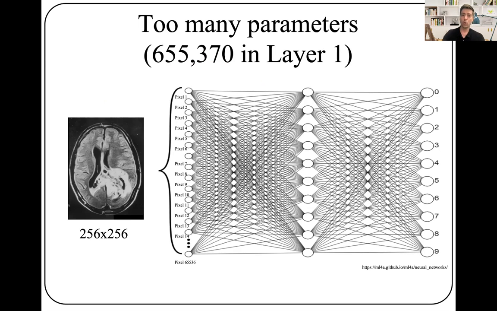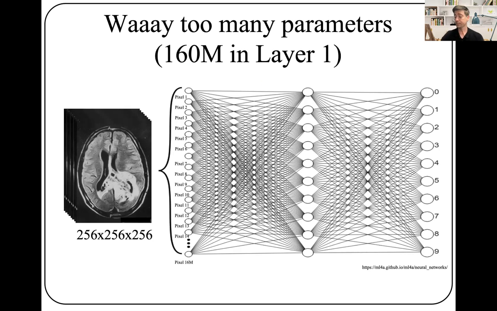And the problem is even worse if you consider volumetric data. For example, you have an MRI that can have 256 slices if you have a very good resolution. Then that's just doomed to failure because you have 16 million pixels, and that means roughly 160 million parameters, and that's only in layer 1.